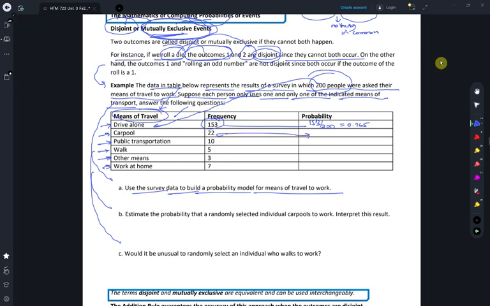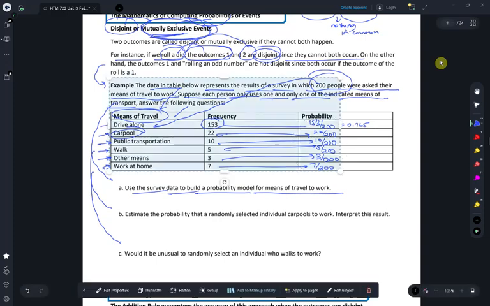The probability that I'll pick a person who carpools is 22 chances out of 200. For those who make it to work using public transportation, it will be 10 out of 200. And then similarly, 5 out of 200 for those who walk to work. And those who use other means, 2 out of 200. And those who work at home, that will be 7 out of 200.